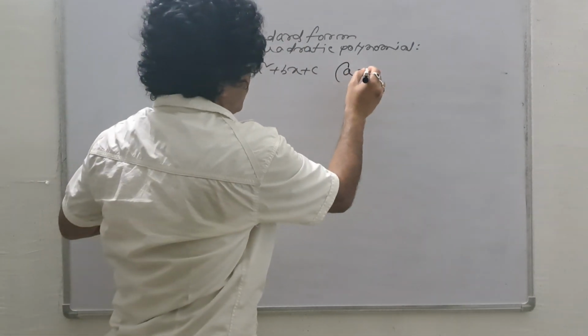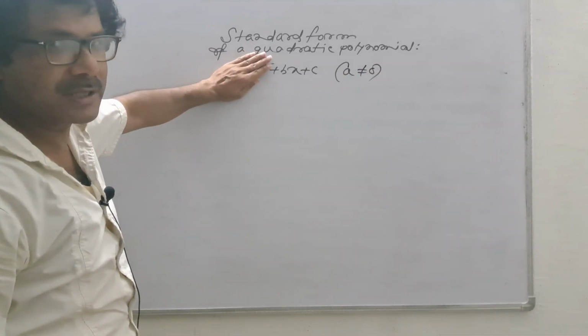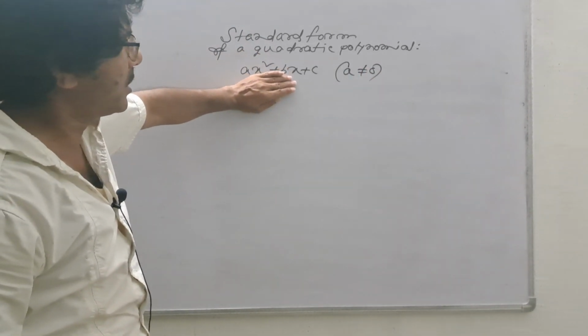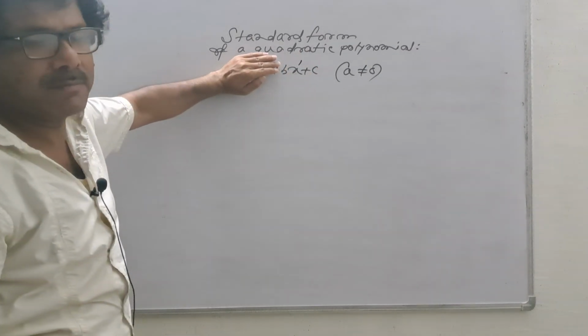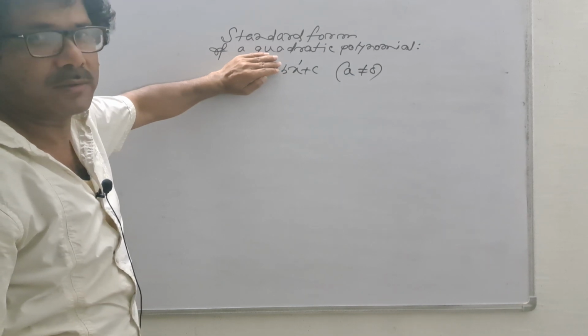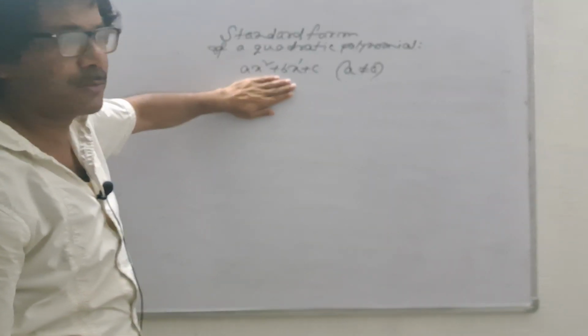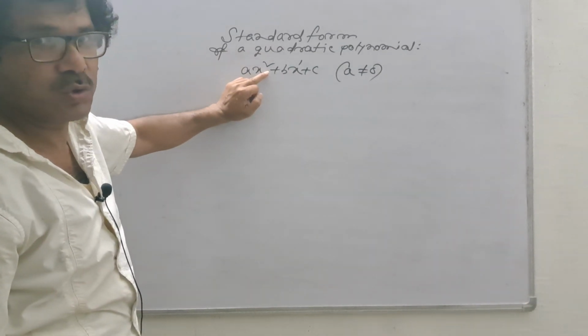a cannot be 0. If a is 0, then this term will vanish, so it will become a linear polynomial. In case of a linear polynomial, the maximum power of the variable is 1, and in case of a quadratic polynomial, the maximum power of the variable is 2.